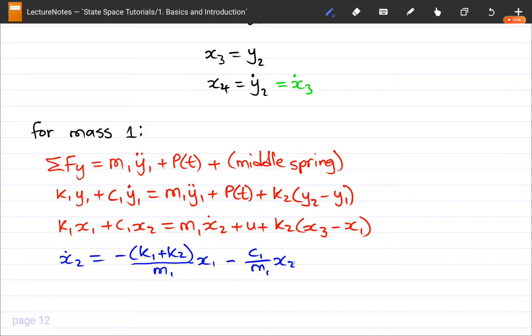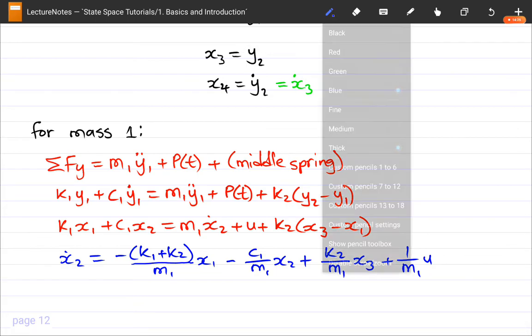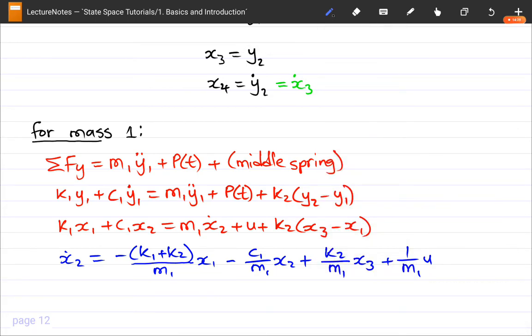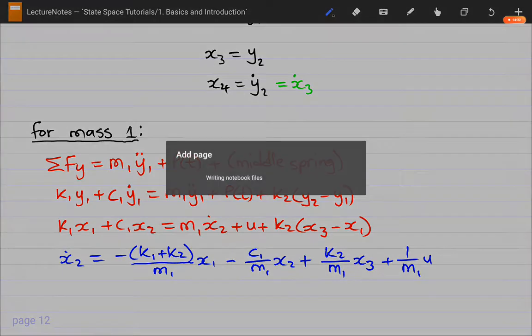You'll forgive me for skipping some steps, but this is to keep the video short, because like I said, it's a big example and a big problem. I would like to complete this video in no less than 30 minutes. Then X3 plus 1 over M1 times U. Okay, and this is for mass 1. We'll just underline that. Now we move on to the next one.